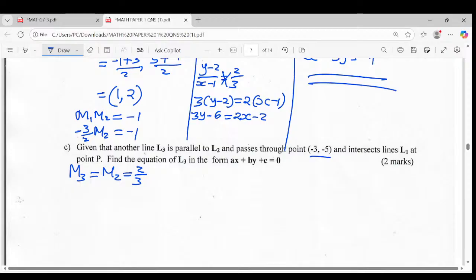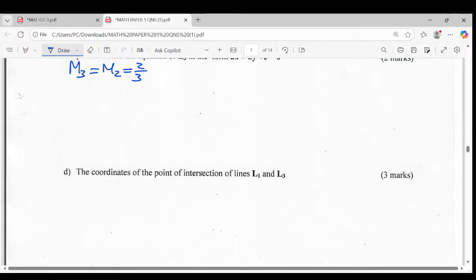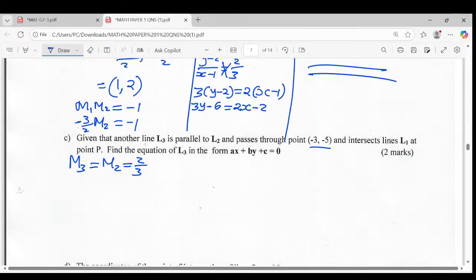We introduce another point, we call it x, y. Then with the gradient of L3, which is 2/3, we get its equation.